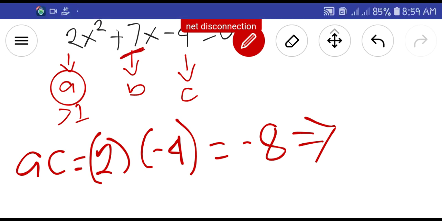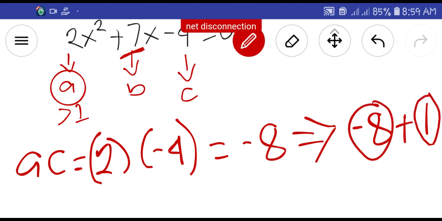Alright, so that is by adding negative 8 plus 1. Multiplying this negative 8 to positive 1, that's negative 8.